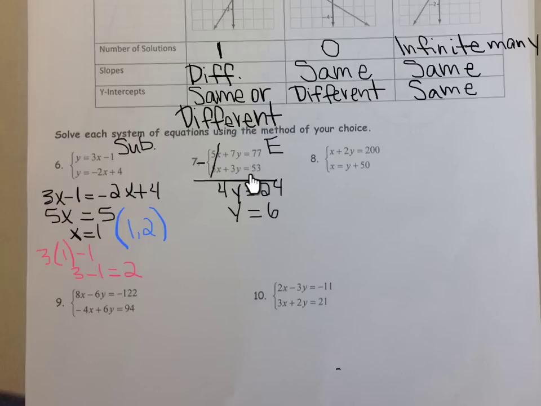I'm going to choose this one. 5x plus 3 times 6 equals 53. 5x equals 18 minus 53, which is 35. X equals 7. So my final answer is 7, 6.